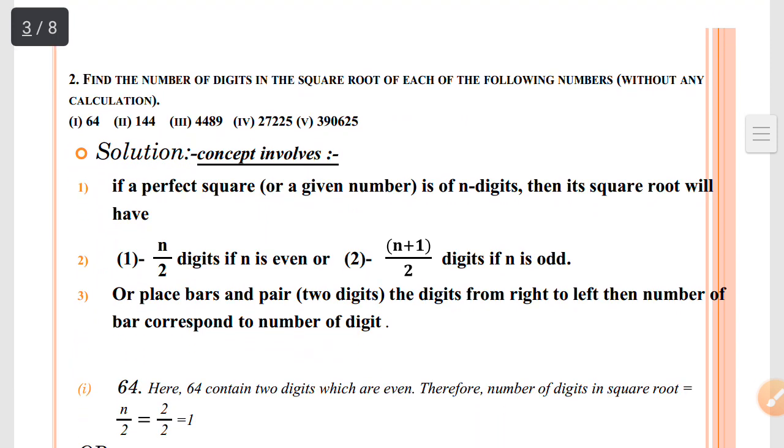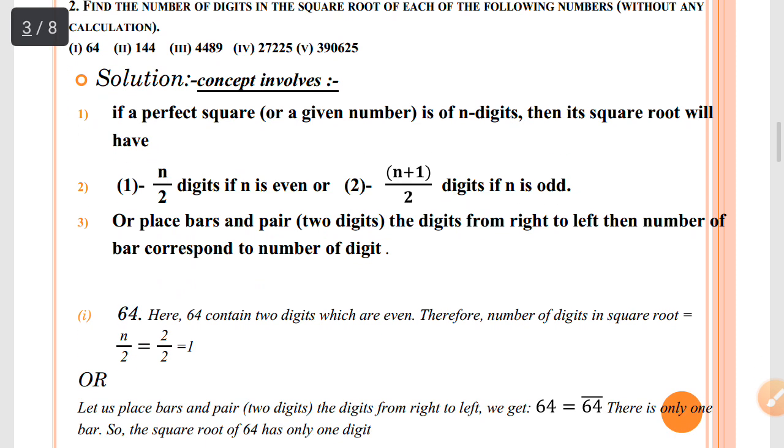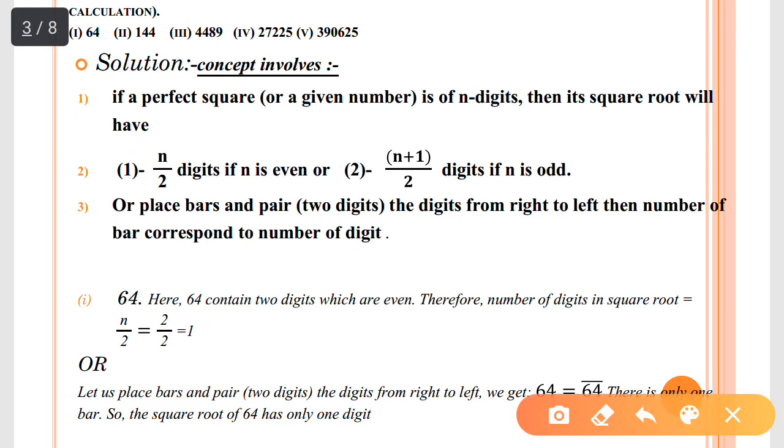The second is find the number of digits in the square root of each of the following numbers without any calculation. We have two concepts here. First we have to count the digits of the number. Say it has n digits, so n will be either even or odd.